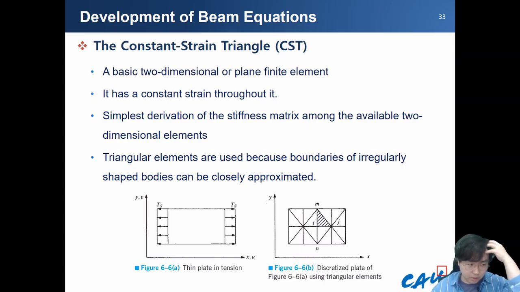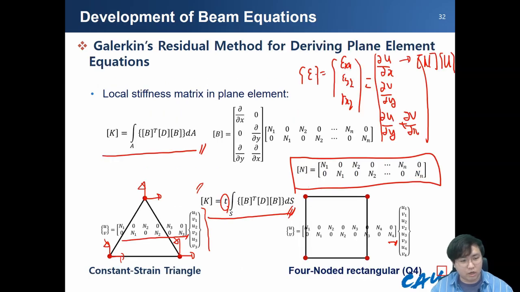Maybe next lecture I'm going to continue defining the constant strain triangle element. Please follow the derivation of the local stiffness equation. If you are confused about deriving the local stiffness matrix in two-dimensional space, just remember this B matrix and the final result. So this is the end of today's lecture.